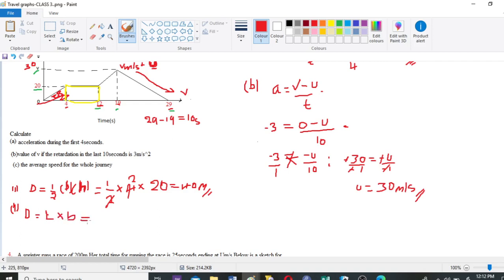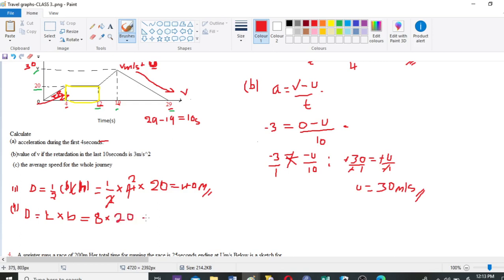And in this case, what is our length? Our length is between 12 and 4. So we are going to subtract 12 minus 4. We'll get 8. Okay, so 8 by what is our breadth? It's 20, right?